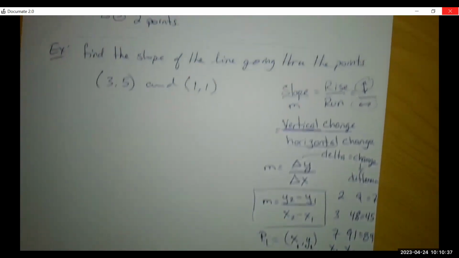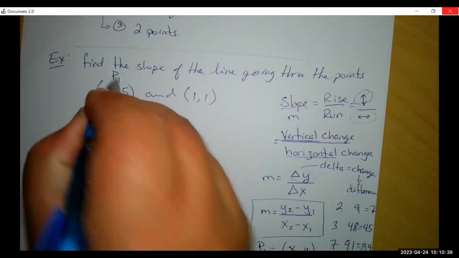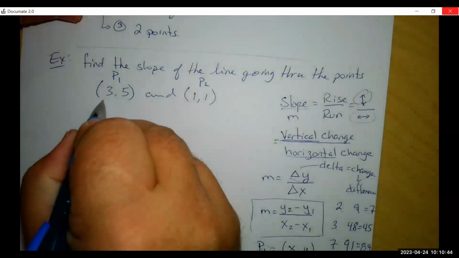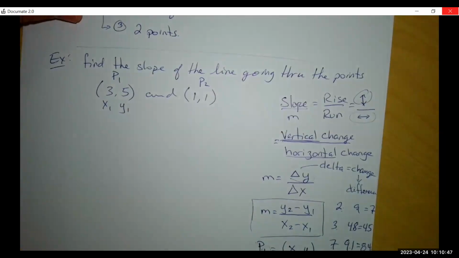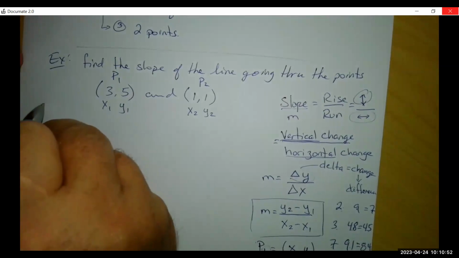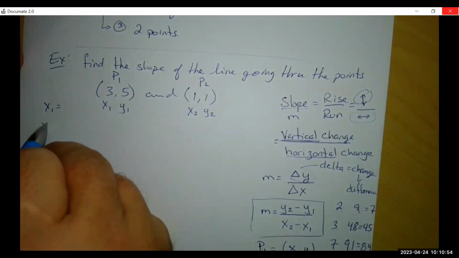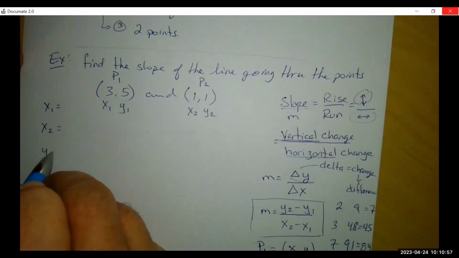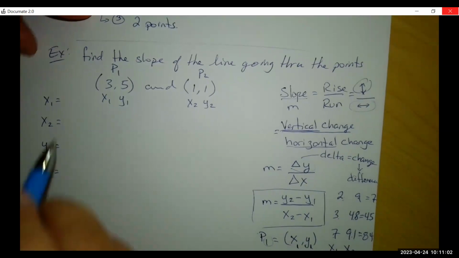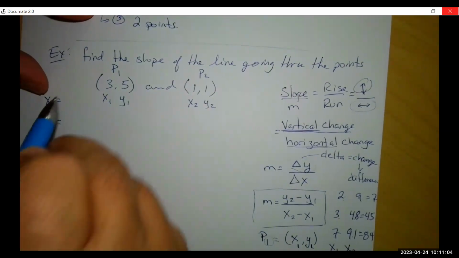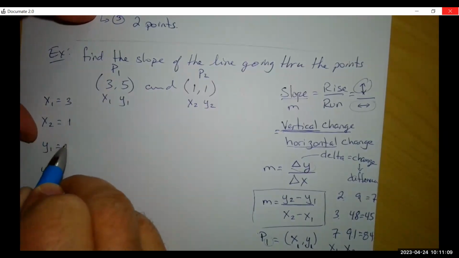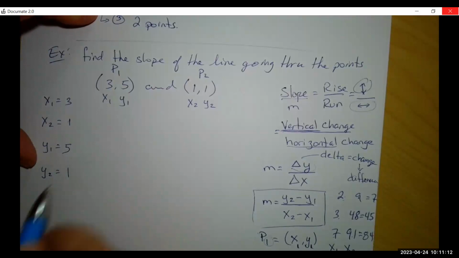Now in ours, this is point 1 and this is point 2. So that means this is x sub 1, that's y sub 1. This is x sub 2, and that's y sub 2. So the first thing you want to do is label these things. What's x sub 1? x sub 2, y sub 1, and y sub 2.